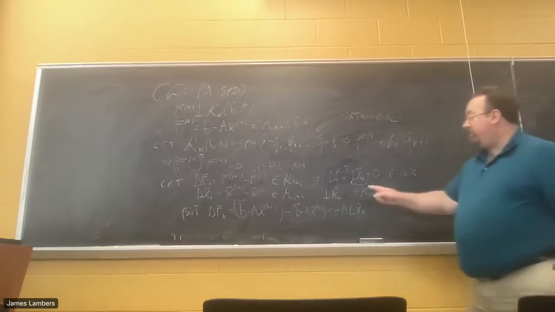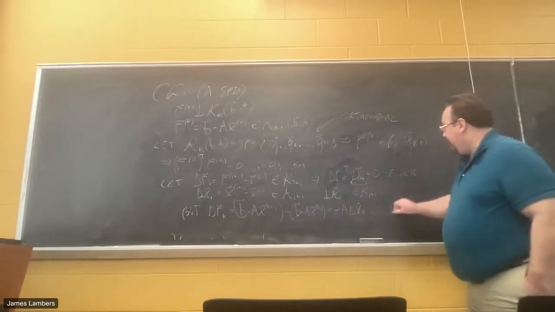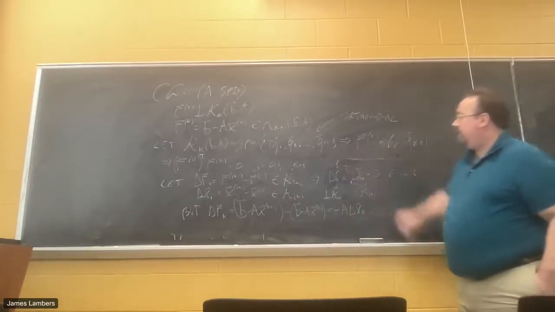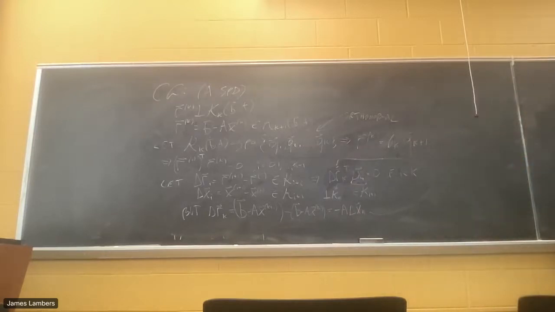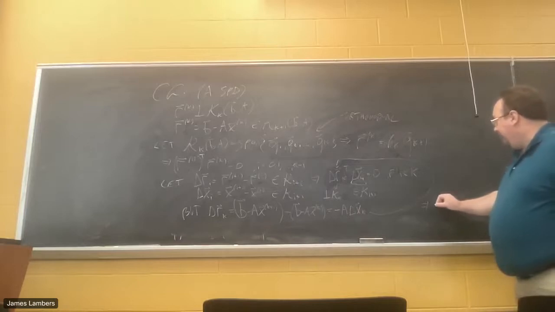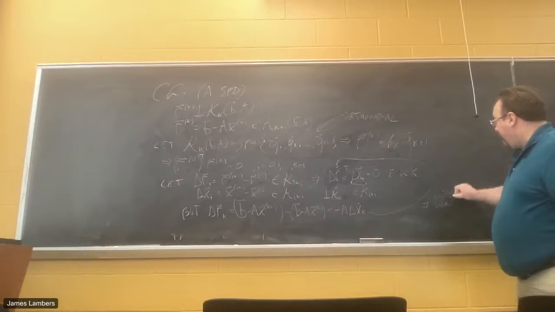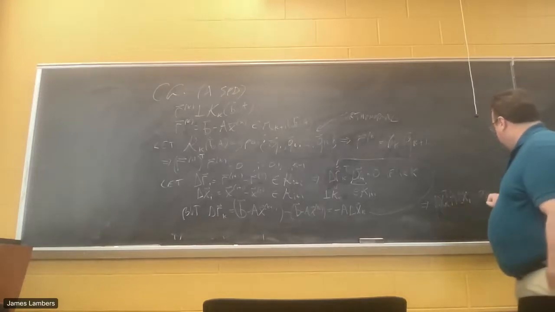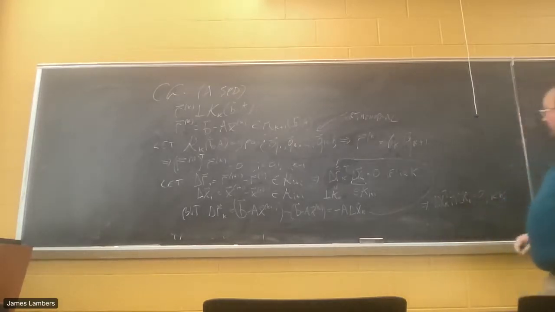So now if I take that and substitute that in here, I get this very important conclusion that delta xk transpose A delta xi is 0 for I less than k.